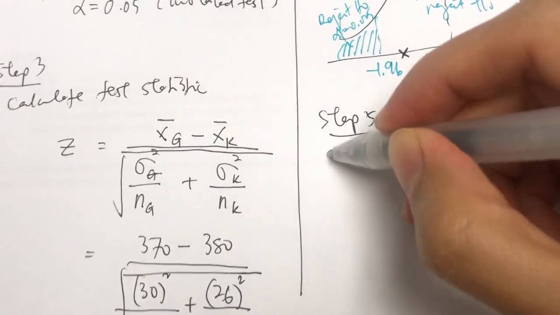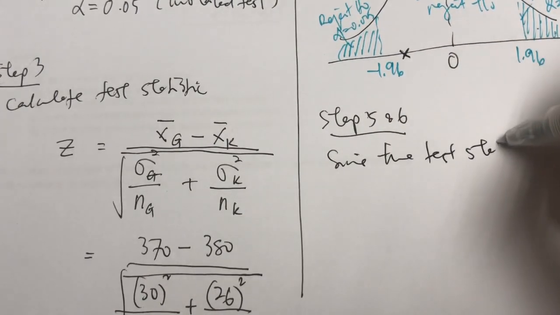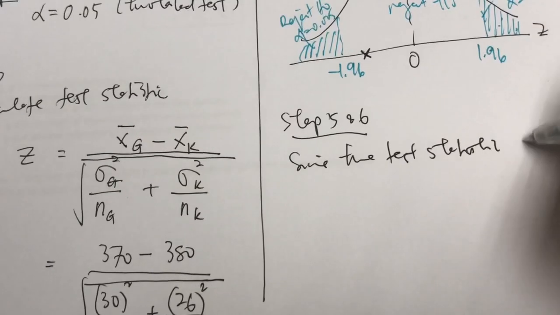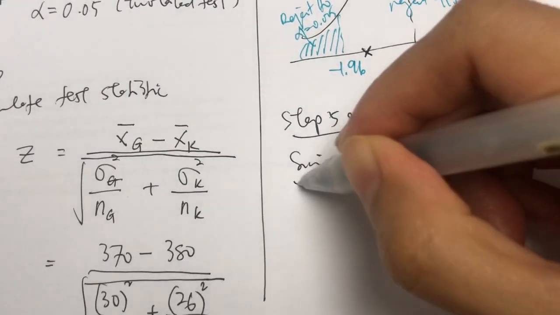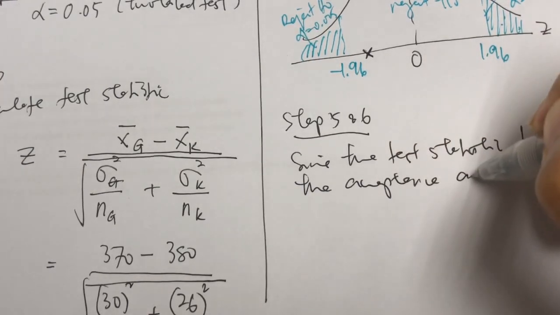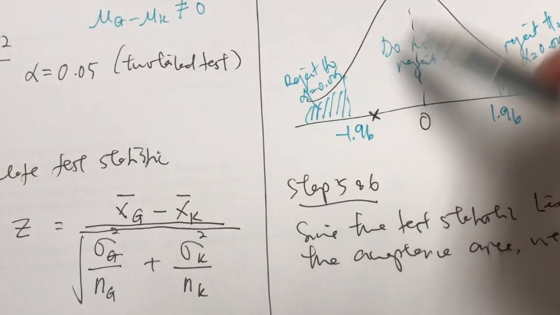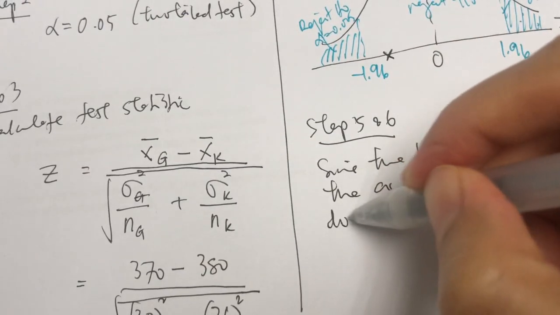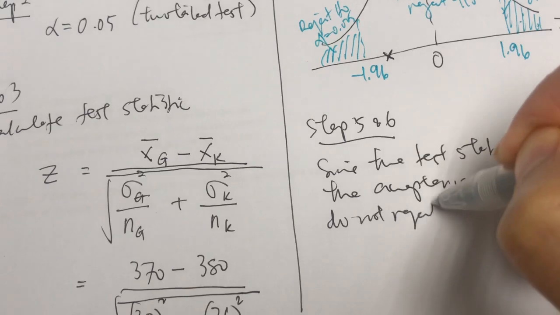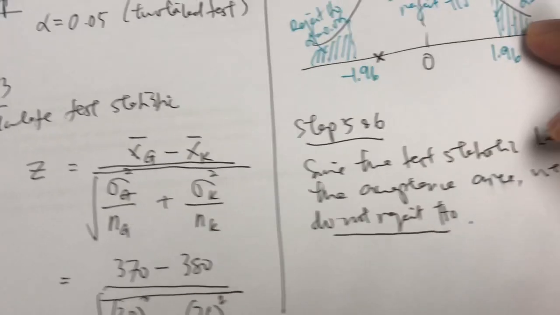So we can put it here, since the test statistic lies in the acceptance area, what do we do? We do not reject. So we put it here. We do not reject the null hypothesis. So you can underline that. And what do we conclude?